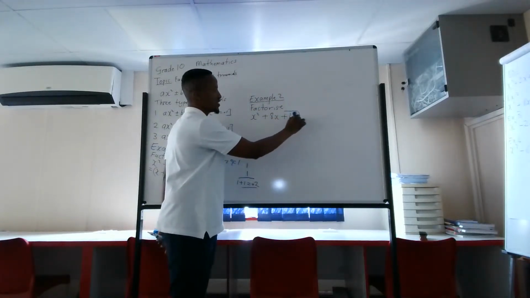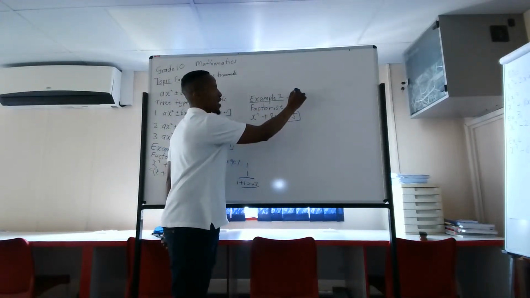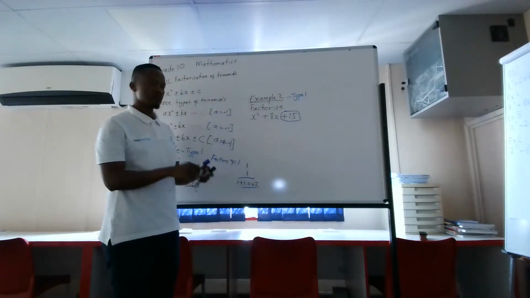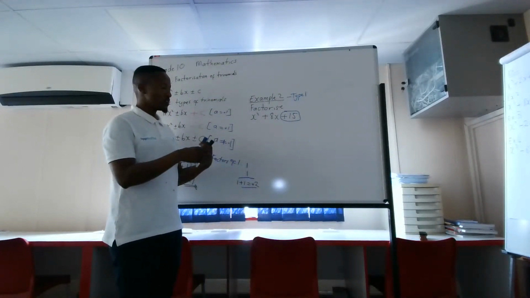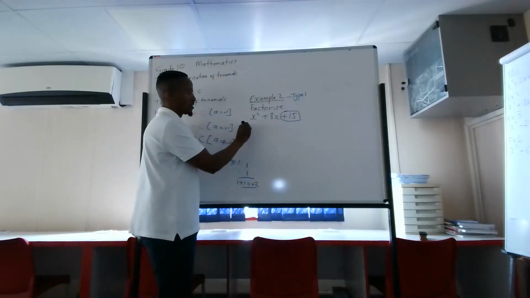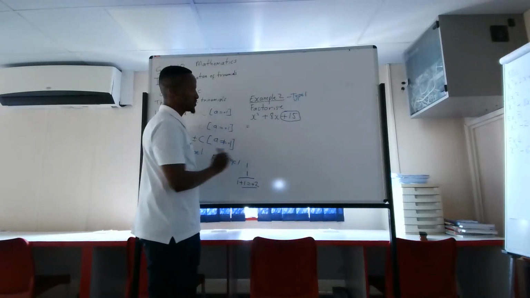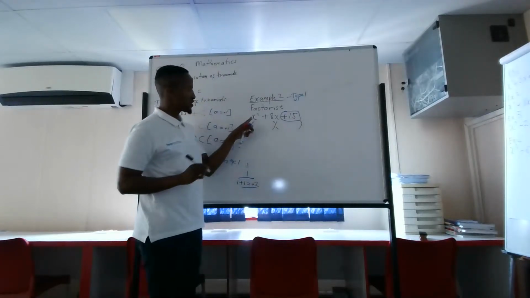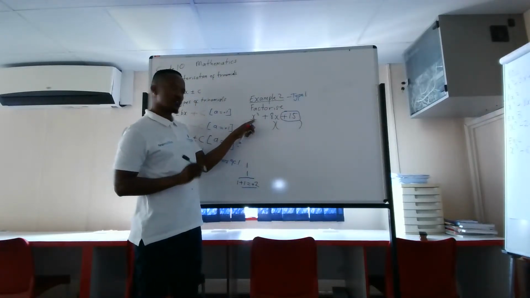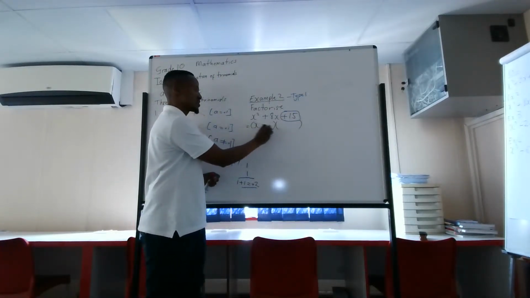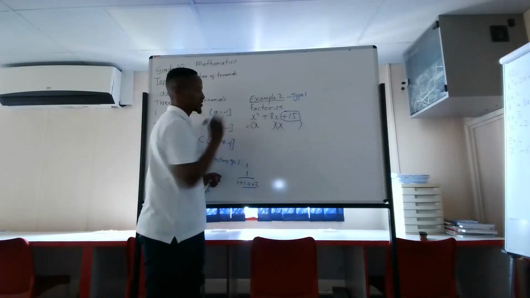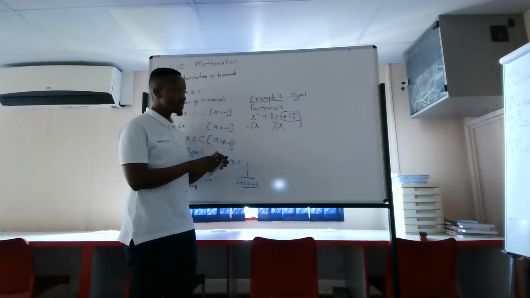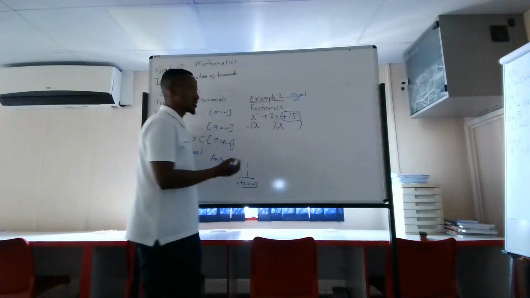That means we are still busy with type 1, like we said. Equal sign, it's an expression, two brackets. First term is x squared, so we are going to have x multiplied by x. Now we focus on the last term. Our last term is 15.